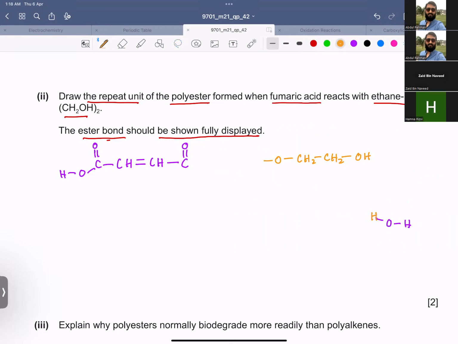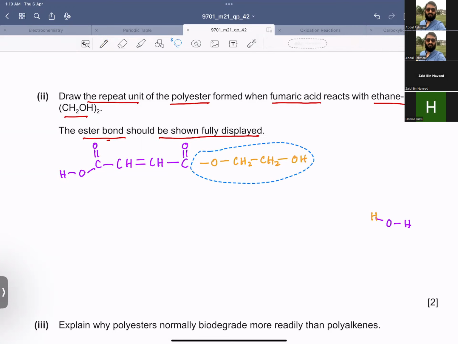And as a result, this O of an alcohol bonds with the C double bond O of a carboxylic acid. So see, an ester linkage is formed.